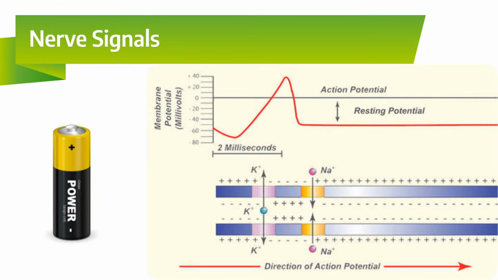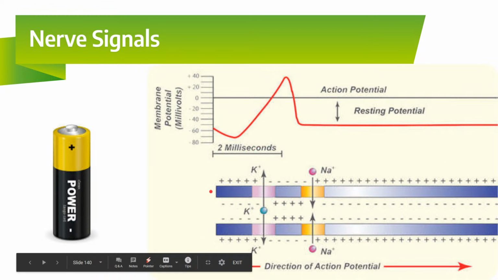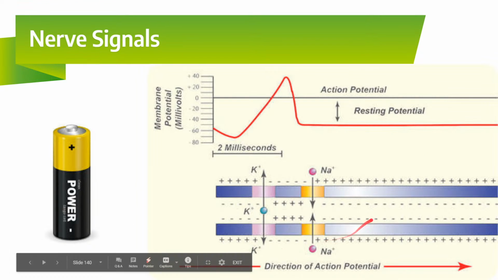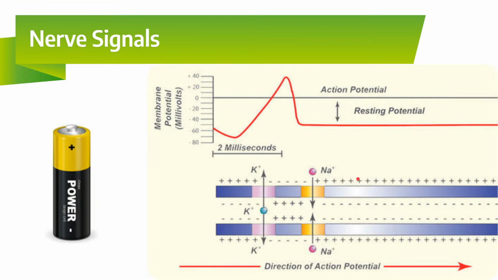It is the actual potential difference, or the difference of the potential. So what you see on the picture on the right, on the bottom, is basically one part of a nerve, which is called the axon, which connects one nerve to another.